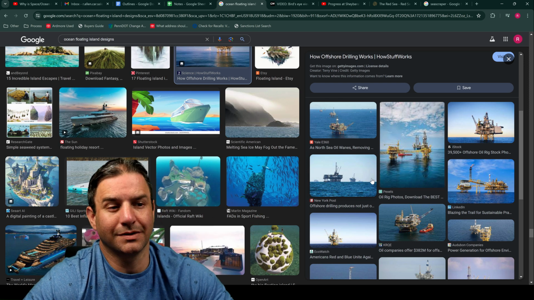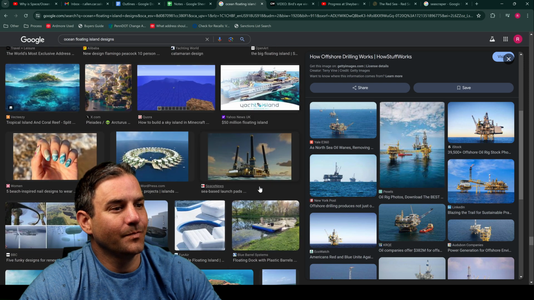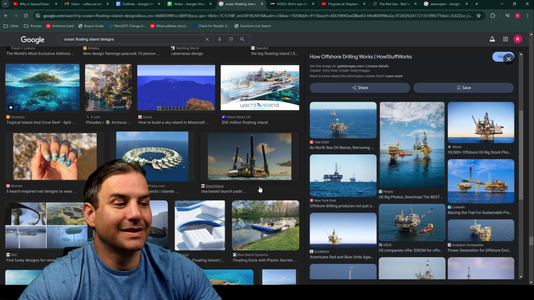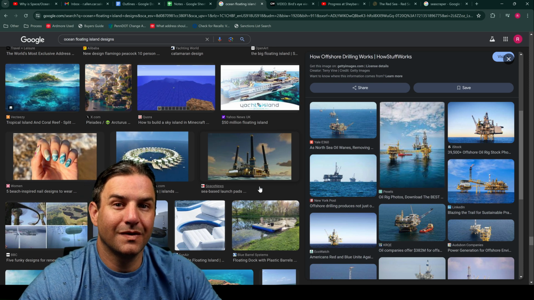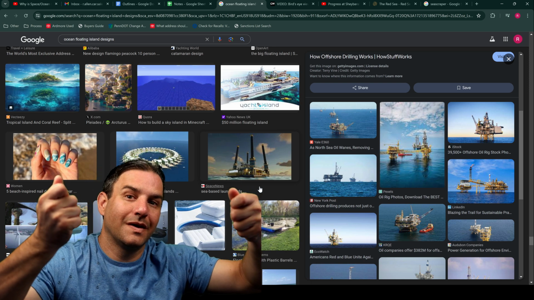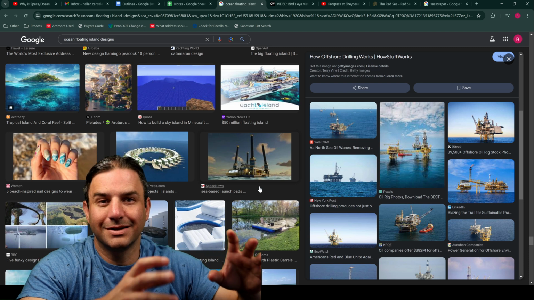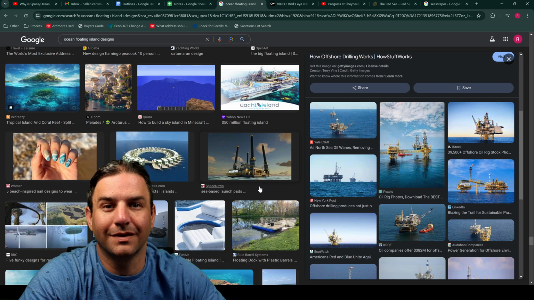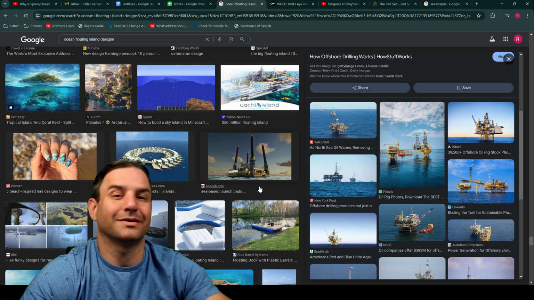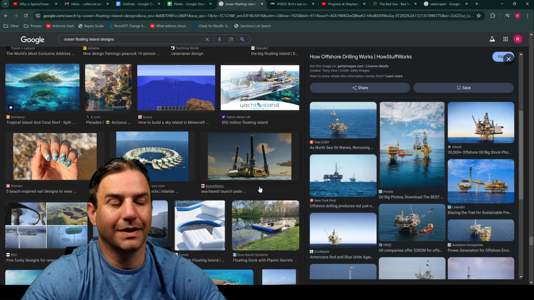As the oil dries up in those areas, and if it's not a floating structure, they can't move it. It's stuck. So they can lift it up and put it on a boat and take it to Southeast Asia where they recycle the entire thing and sell it for scrap. With a floating one, a lot of times they can move it a little further out or keep drilling and pumping more oil and gas.